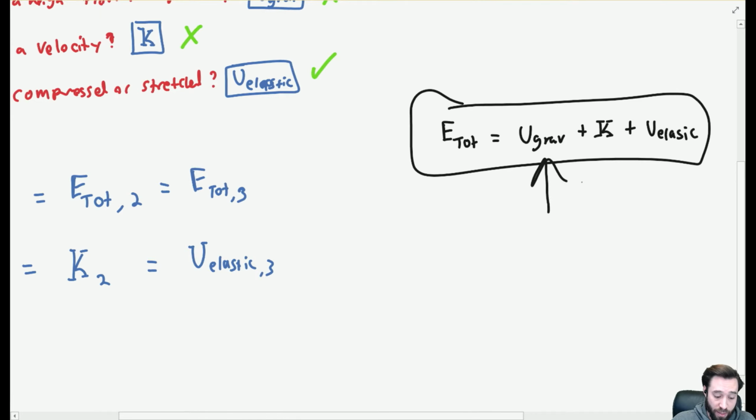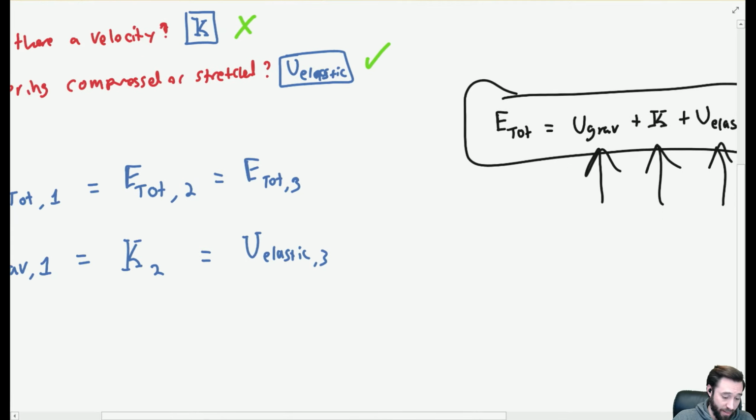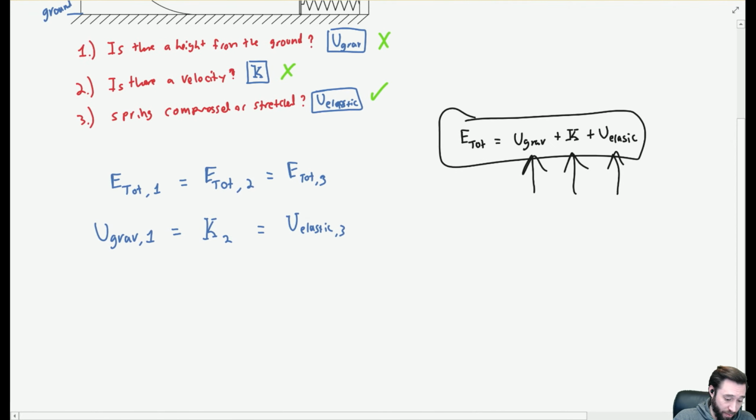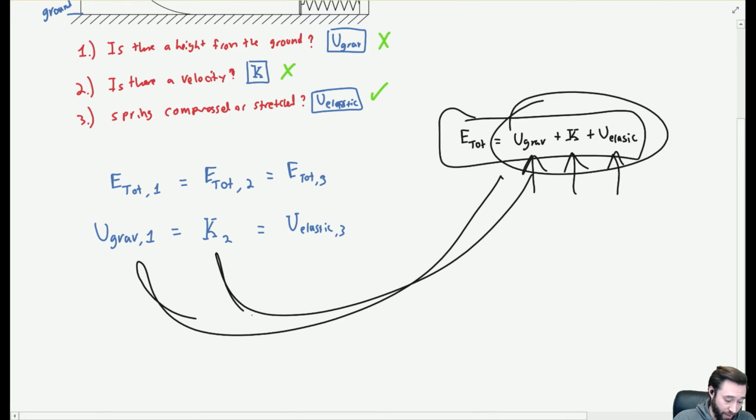So it's U-grav plus kinetic plus U elastic for each state. And hopefully you guys can recognize that if I did this for each of the states, I would have all three of these for here, and for here. And that would get really, really messy really quick.